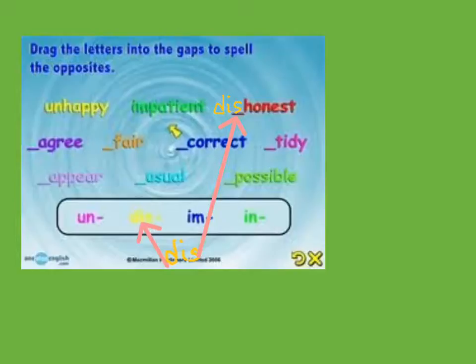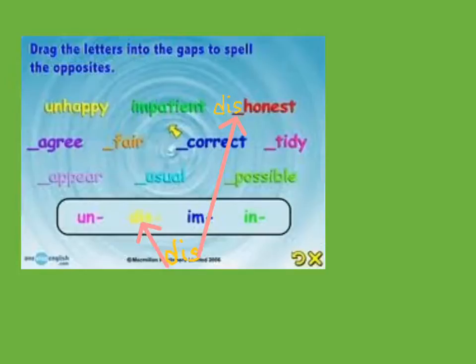So we see unhappy, impatient, and dishonest, which have already been done for us. And down here we have prefixes like un, dis, im, and in. And the words needing these prefixes are agree, fair, correct, tidy, appear, usual, and possible.